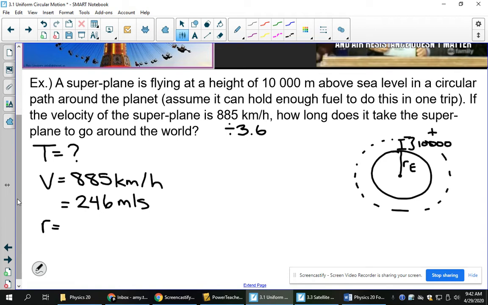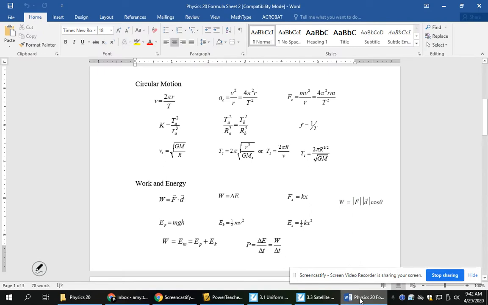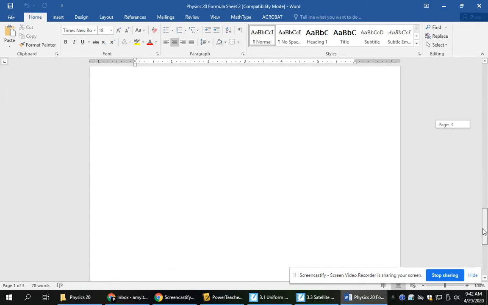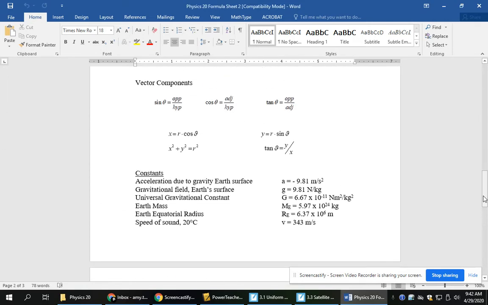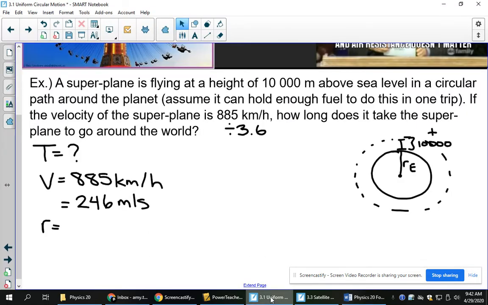So I'm going to go to my formula sheet, and I'm going to go to the back page where it gives me some of these constant values, like the radius of Earth right here near the bottom, 6.37 times 10 to the 6 meters.